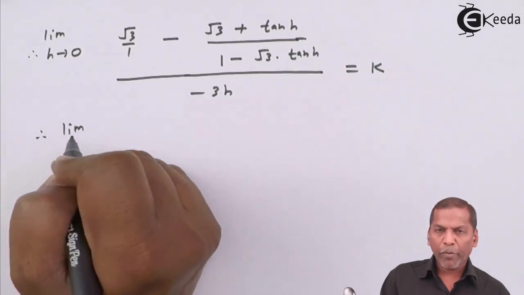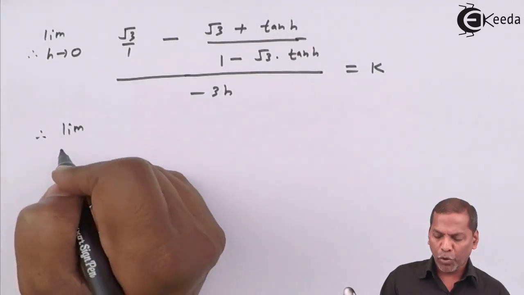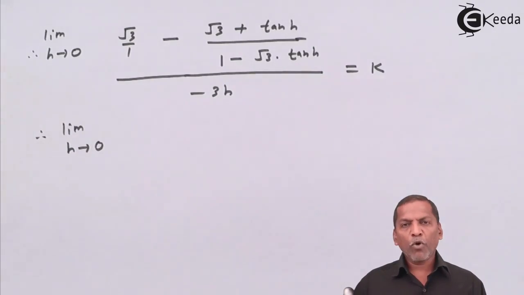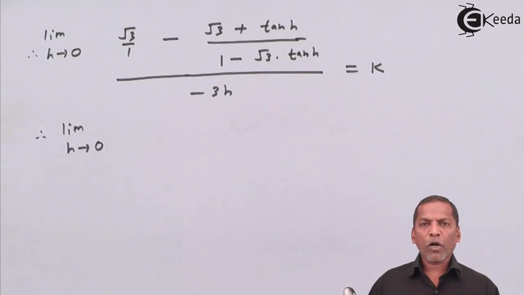Now in the numerator we have to go for cross multiply.